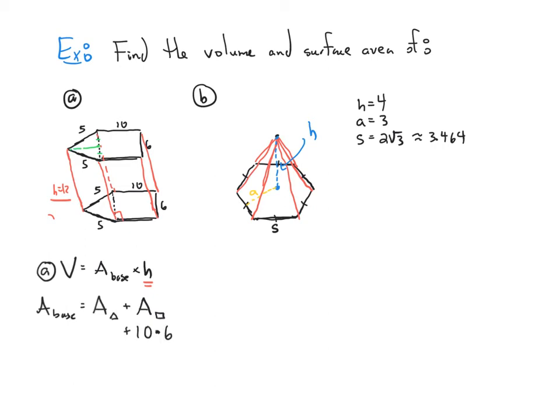The area of the triangle is a little bit harder. It's base times height divided by 2. We have the base is 6. But what is this height? Hopefully you figured it out. If not, pause the video and see if you can figure it out.